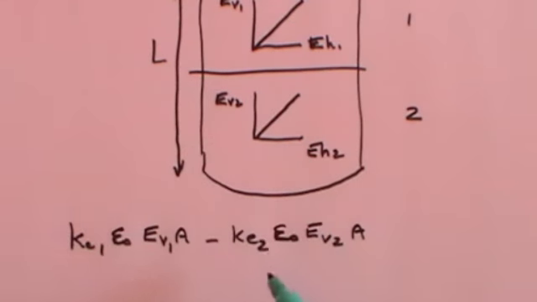In this case, EV2 is coming in through the area.